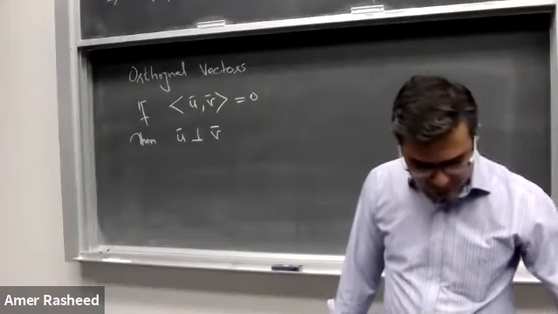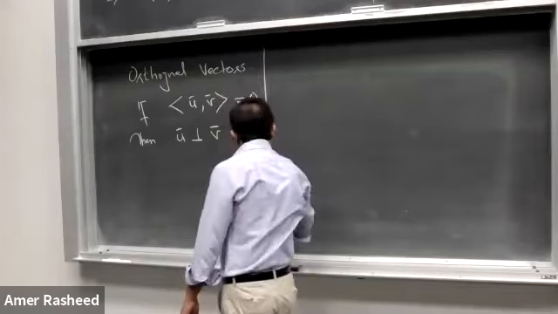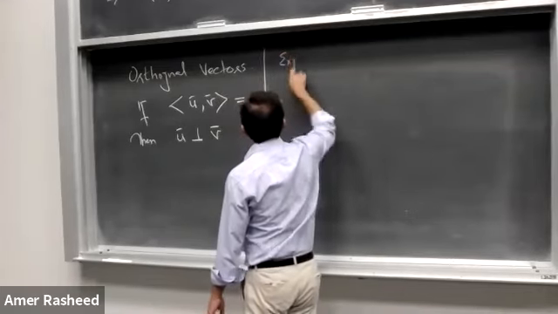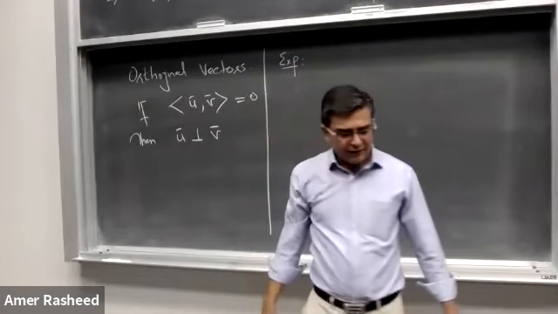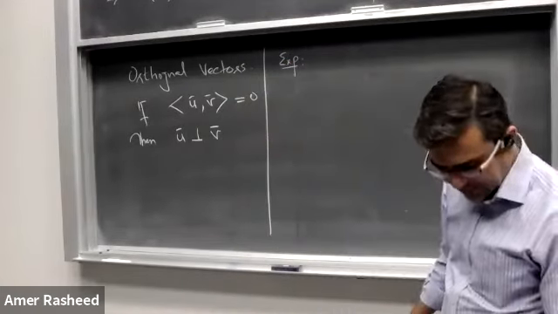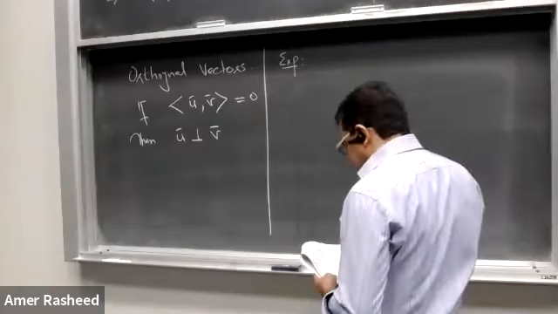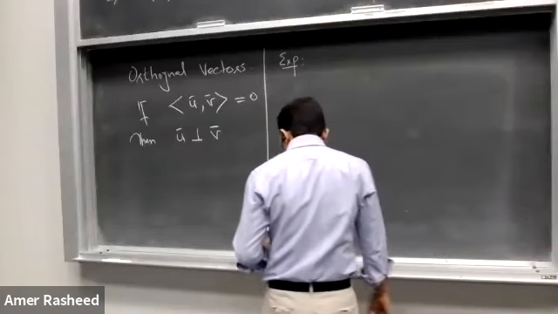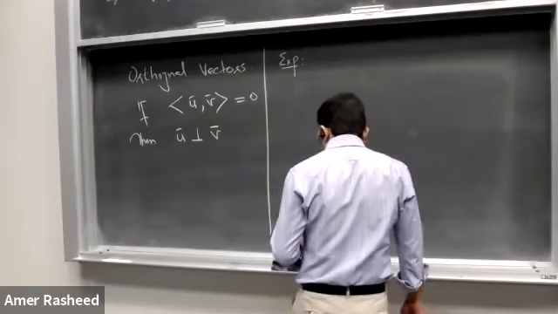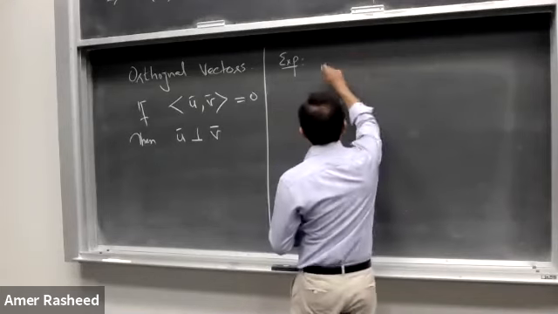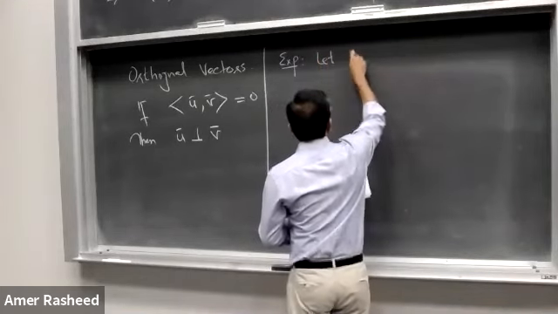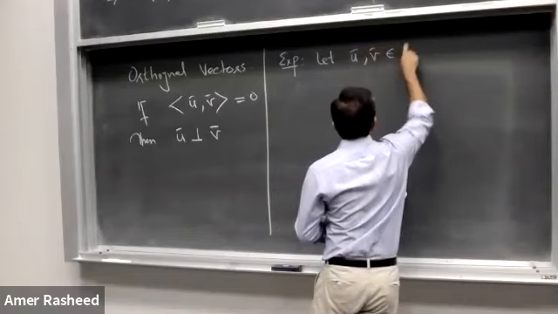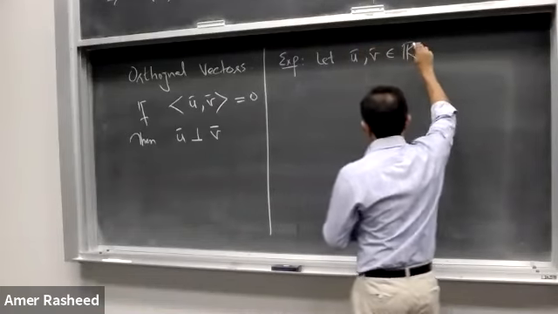Okay. Another example from the inner product, which might give you some clear understanding of inner products. We are going to use a couple of properties in this example, how to use the properties of inner product. For example, let u and v be two vectors in Rn.